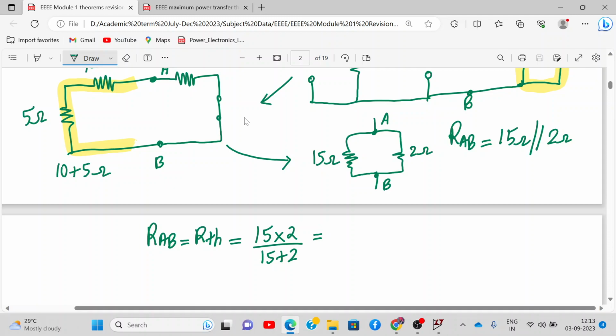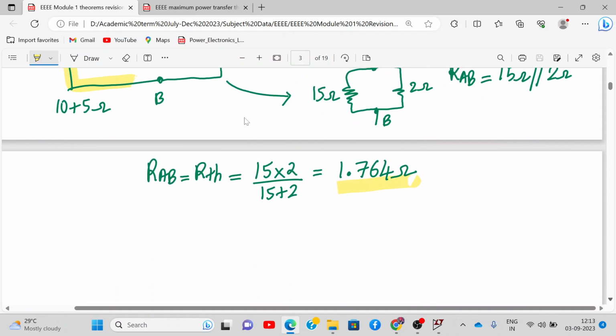What is RAB and RTH? 30 by 17, which is 1.764. Yeah, that's correct. 1.764 is the answer. Everyone has got it?